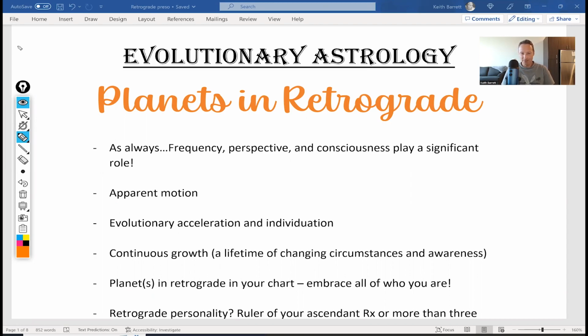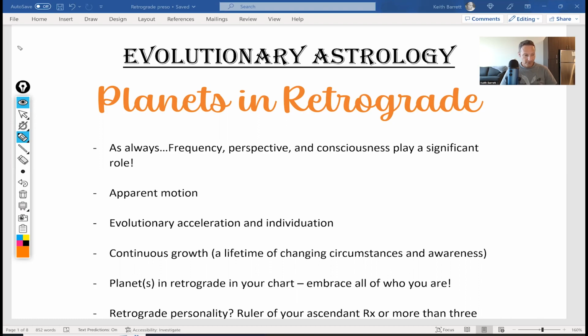What I mean by that is, what has your soul experienced, what has your conditioning been, what has the societal conditioning been, and what have your experiences been? All of that adds to how you experience these symbols in your chart. So it's not just retrograde, but any symbols in your chart.